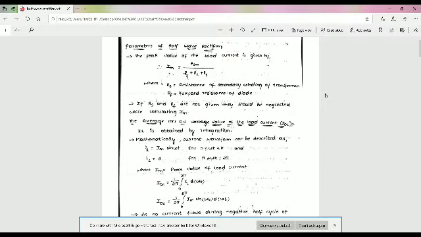RF is the forward resistance of the diode, RL is the load resistance, and RS is the resistance of the secondary winding of the transformer. If RS and RF are not given, they should be neglected, and we can calculate Im.